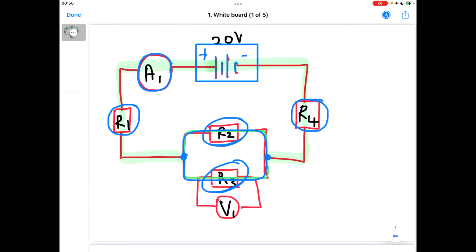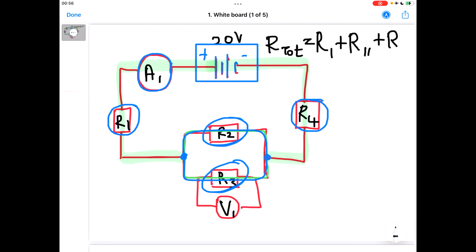So again, with regards to the resistance, in this case the total resistance, honorable members, R tot is going to be equals to R1, which is connected in series, plus R parallel, and then plus R4, because that one is in series.